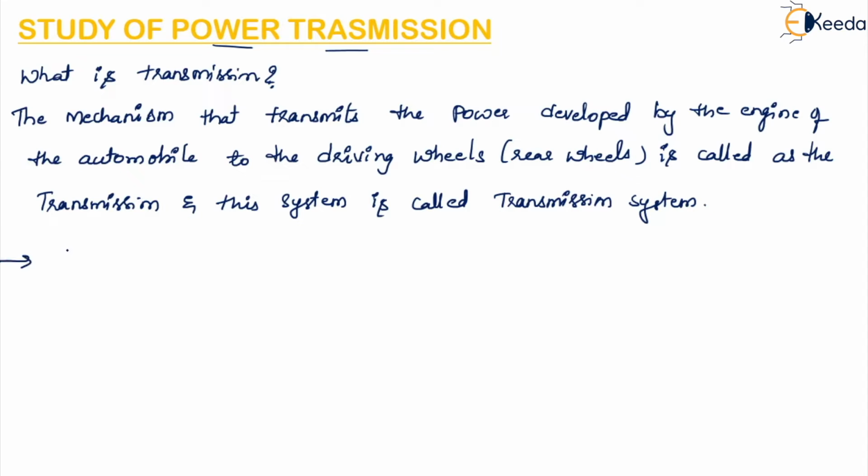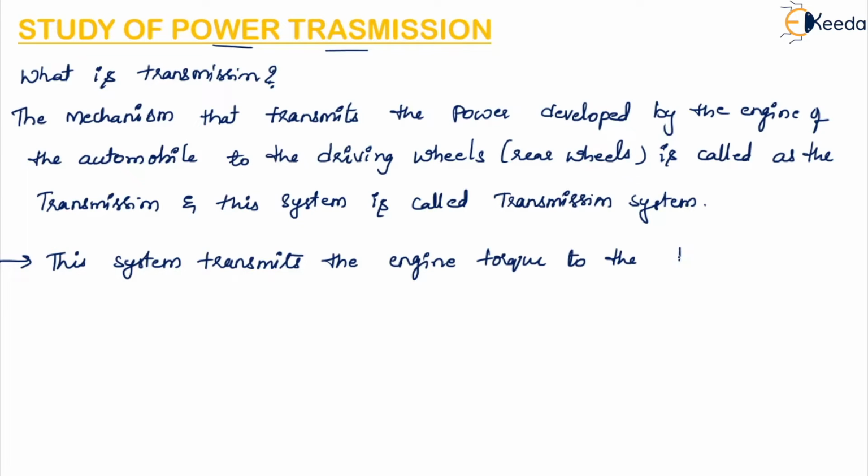So in simple terms, this system transmits the engine torque to the driving wheels to drive the vehicle on the road.